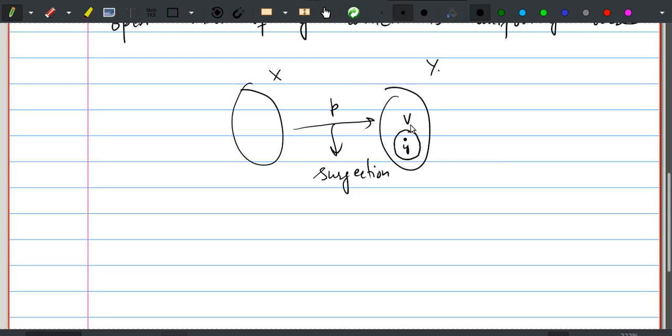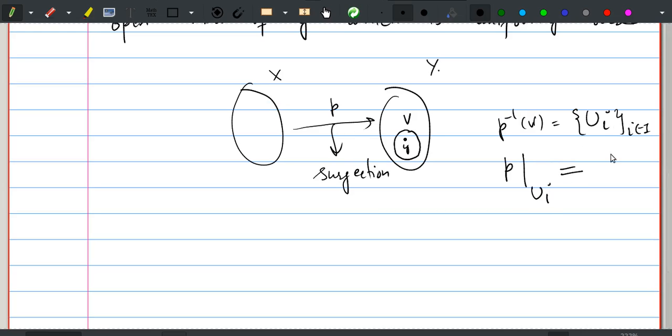This open neighborhood must be uniformly covered by P. That is, P inverse of V is a collection of open sets U_i in X such that when we restrict P to U_i we get V, and this is a homeomorphism.